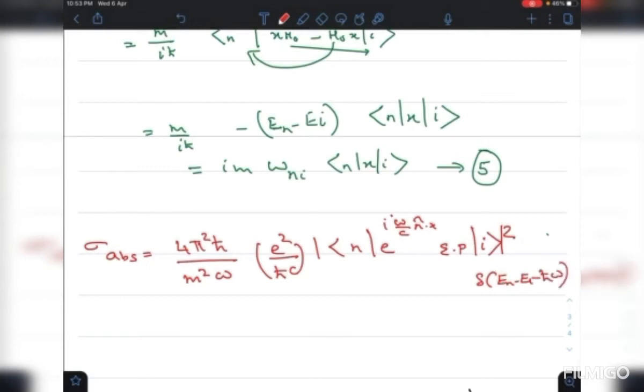Okay, this is what we had. Now this we have formulated. This we'll put as alpha because it won't be a crowded thing.